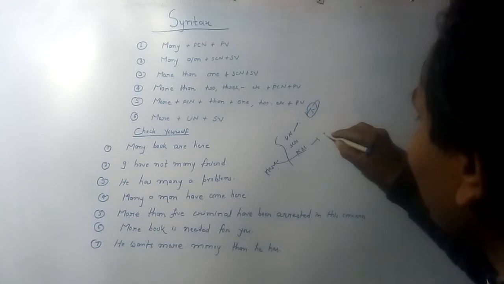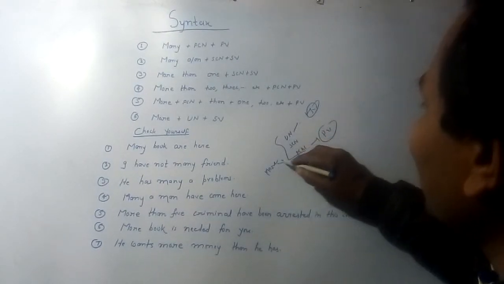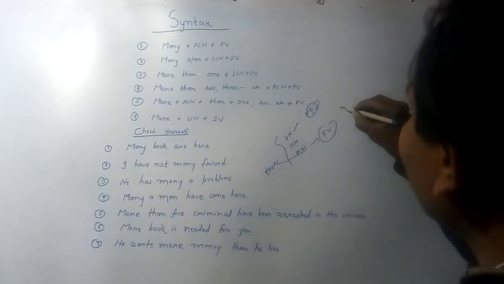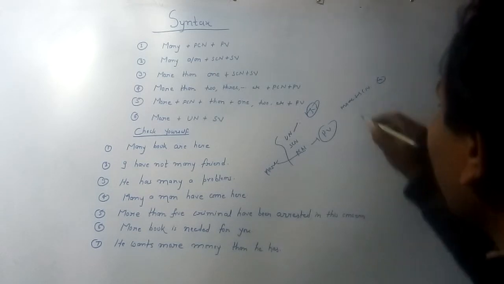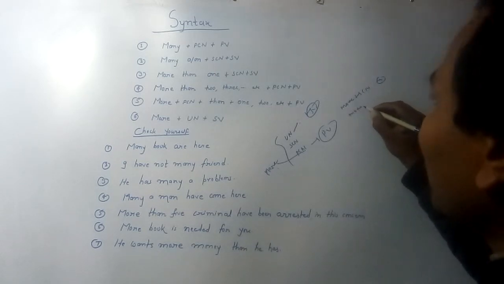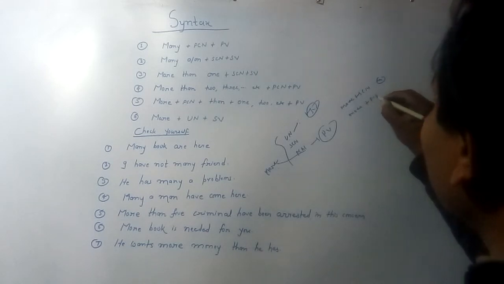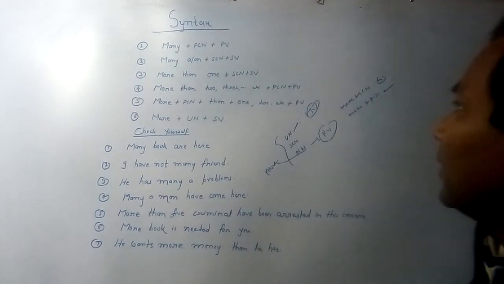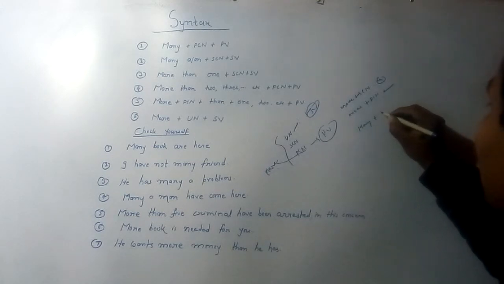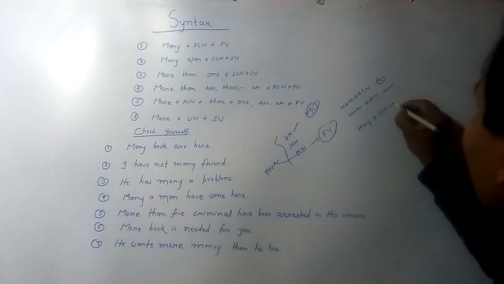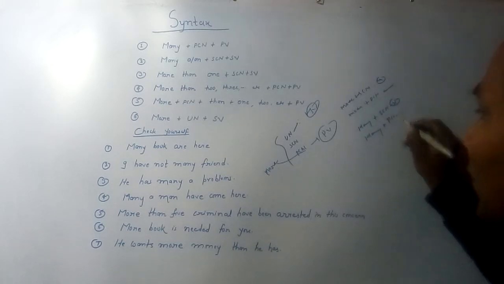More plus PCN, you can use a plural verb. And when you use more, directly using more plus SCN is wrong. You can use more plus PCN. This is the right structure. Even so, you must not write directly many plus a singular countable noun, this is wrong. You can use many plus a plural countable noun in these cases.